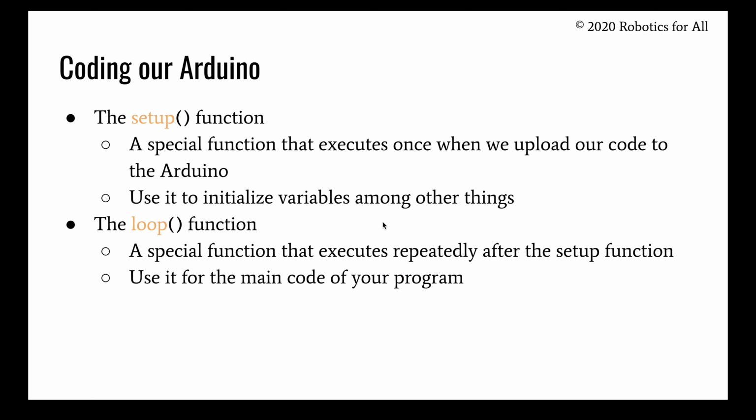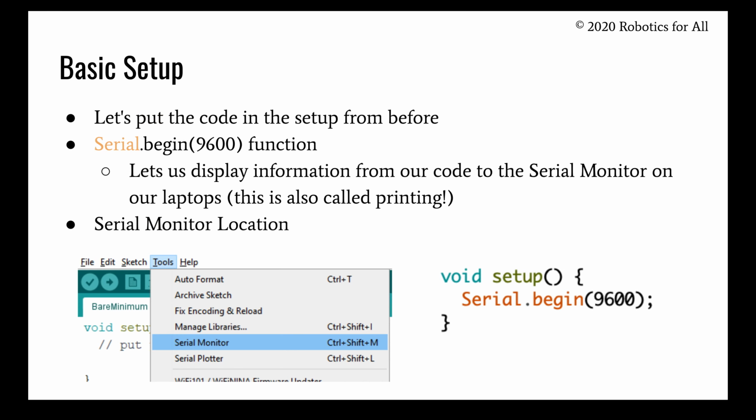The setup function is a function that only runs once when we upload the code to the Arduino, and it's used to initialize variables, which I'll explain later. The loop function gets run repeatedly after the setup function, and is the main part of your program.